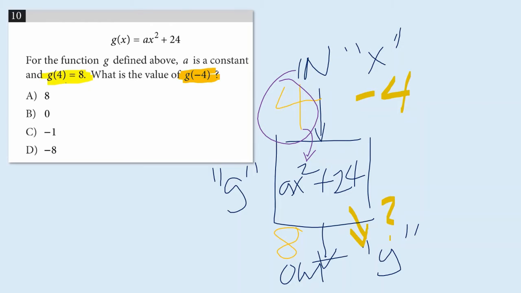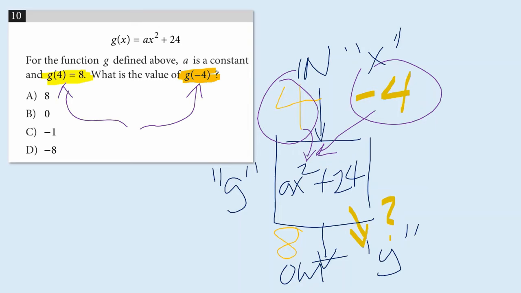Well, it's no accident that they're asking about 4 and -4, because what happens if we put -4 in the machine? Well, it's getting squared too. So whether you square 4 or you square -4, you're getting the same value, right? The machine is treating those both the same, because when you square a number, you get the positive squared value. So 4 and -4 are same. They're going to be having the same output.